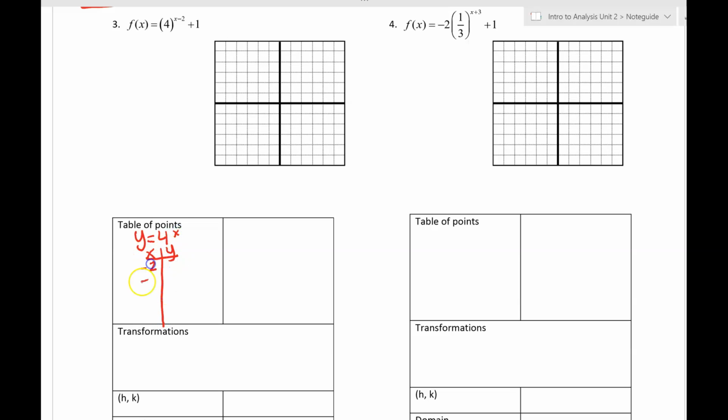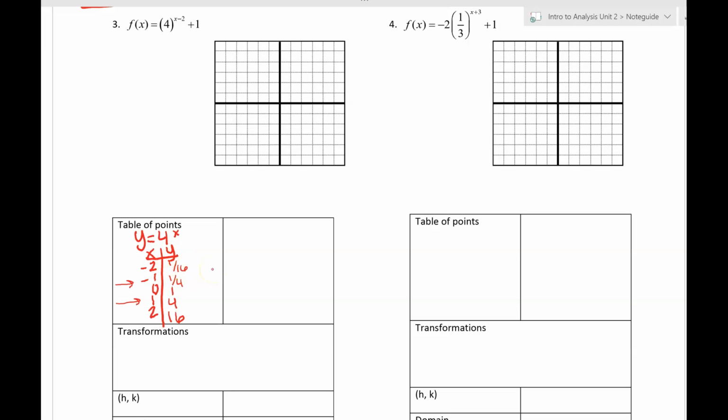So I need to calculate 4 to these different powers. So 4 squared is 16. 4 to the first power is 4. 4 to the 0 power is 1. Remember that 4 to the -1 power will be the reciprocal of what you got with 4 to the first power. So it will be 1/4. And then -2 would give us 1/16.